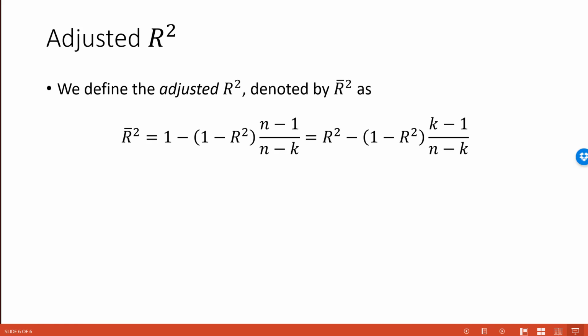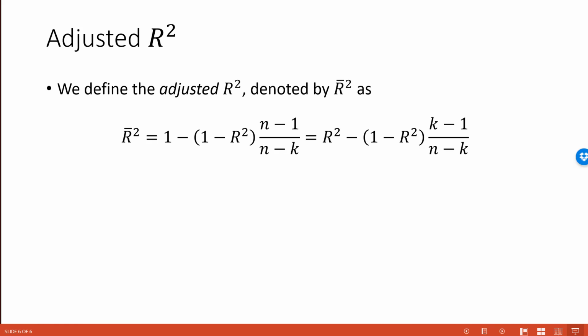So if you increase k, this ratio here will go down, this factor here will go down, and 1 minus that factor will go down, so there is a punishment. So what you need then is, when you increase k, you need the increase in R square to be big enough so that the total effect of adding this variable is actually an increase in R bar square.